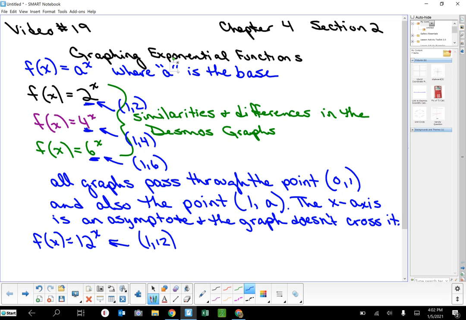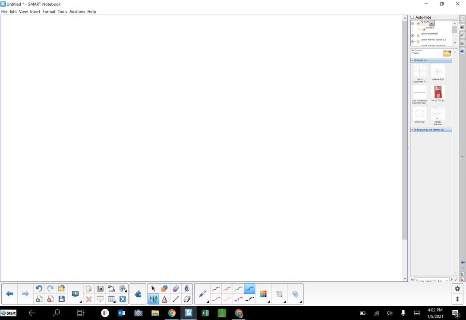Okay. All right. So taking that one step further, let's flip to a new screen. If we have this in the form f of x equals a to the x plus c plus or minus b.